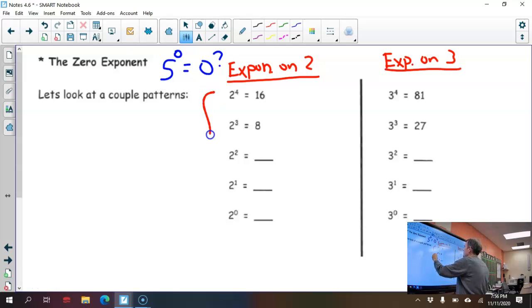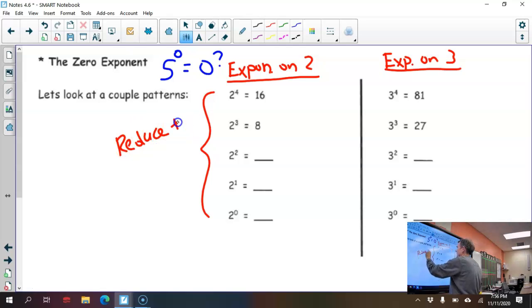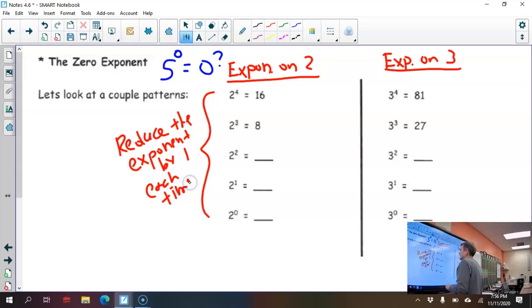On this side of the problem, I am reducing the exponent by 1 each time, right? It's at 2 to the 4th, then it's 2 to the 3rd, then it's 2 to the 2nd. I'm reducing the exponent by 1 each time.